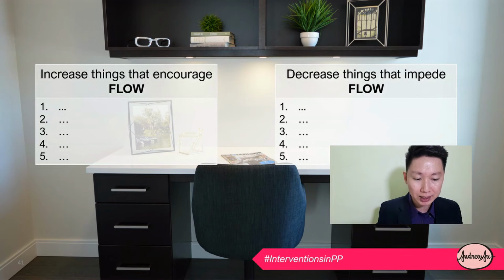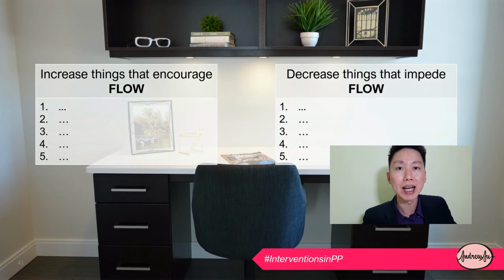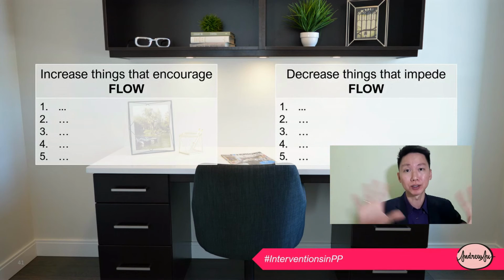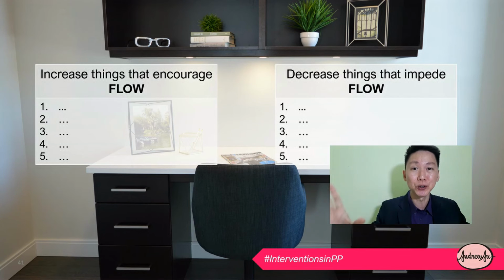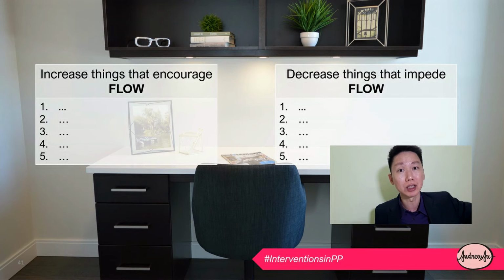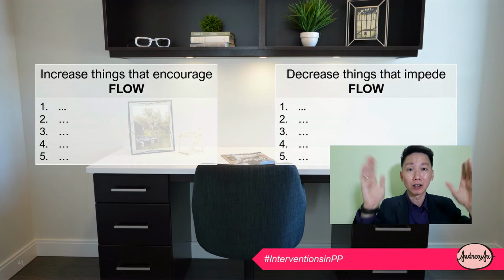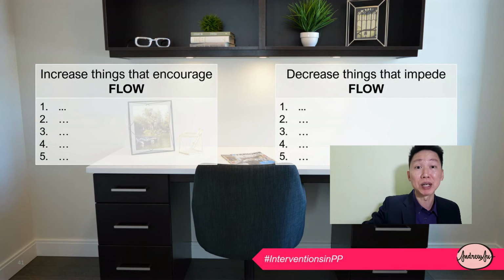So if there are certain things, like if you want a plant in front of your desk, or if you want a nice scenery, of course the nice scenery can be a distraction as well. But if that works for you, or if you want to move your table to somewhere that can overlook the window, rather than against the wall, or you want to put a picture of your family or anything like that, that will help you to be able to focus and also help you to enjoy your work, do so.